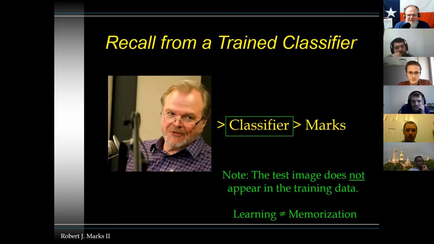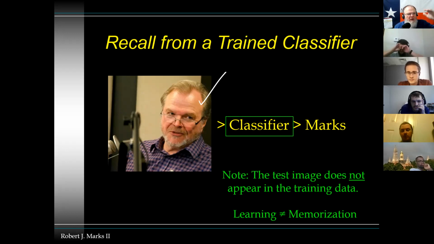The test image does not appear in the training data. In other words, this image is not in the training data. The classifier has not seen this image before. And that's very important. That's the difference between learning and memorization.